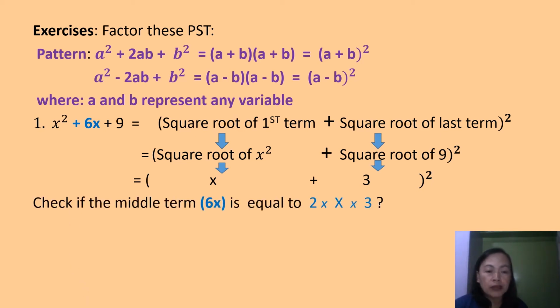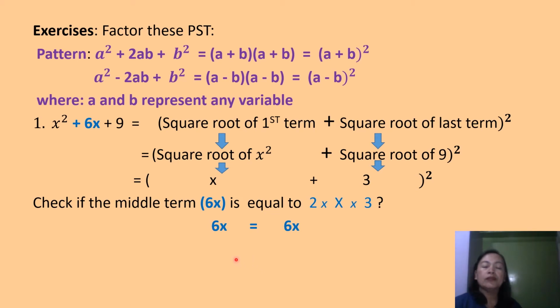Check if the middle term, 6x, is equal to twice the product of the square root of the first term, which is x, times the square root of the last term, which is 3. So 2 times x times 3 is equal to 6x. Therefore, they are equal.